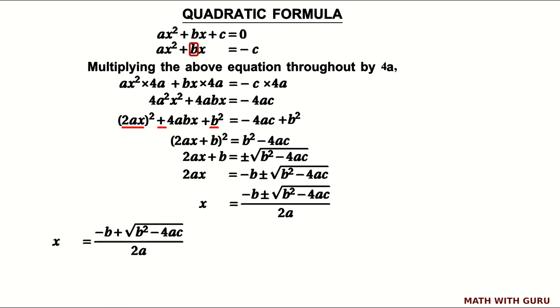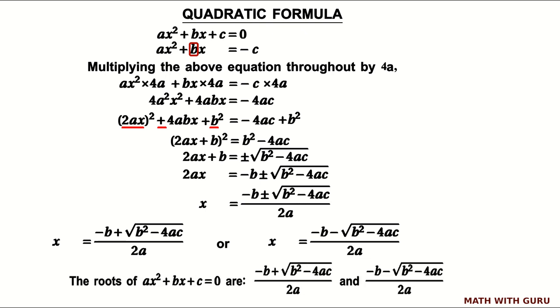Here the two values of x are x equals minus b plus root of b squared minus 4ac divided by 2a, or x equals minus b minus root of b squared minus 4ac divided by 2a.